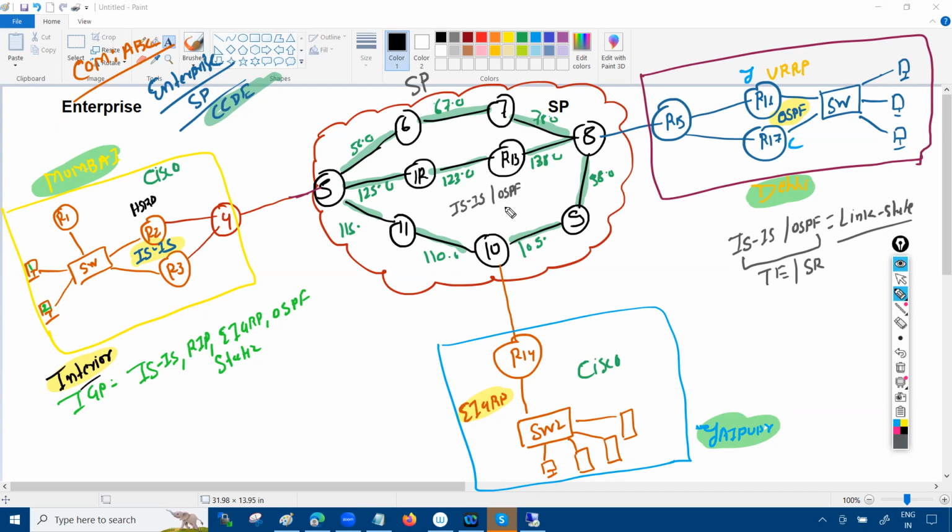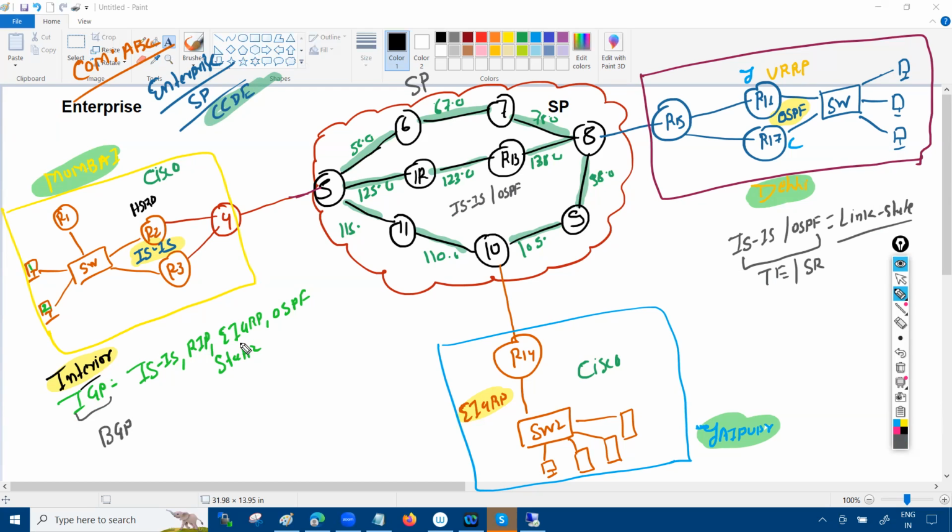Now, try to understand this. If all these IGP protocols were there and they were sufficient, even nowadays, then why did they introduce the protocol known as BGP? Do you know one thing?